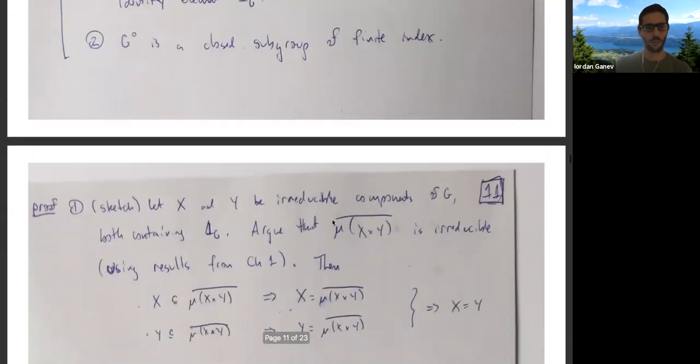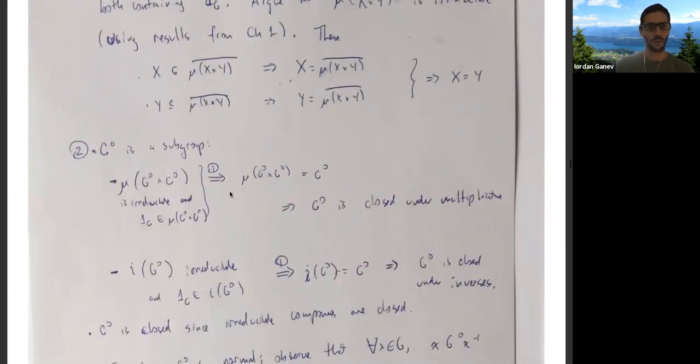Now, what about the second part of the proof? Well, first let's show that G-circ is a subgroup. We need to show that it's closed under multiplication.